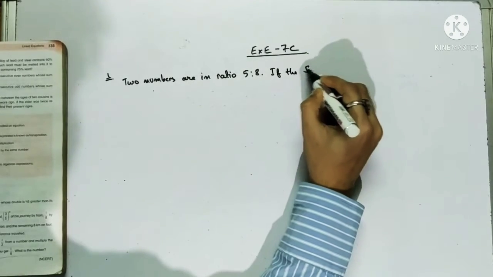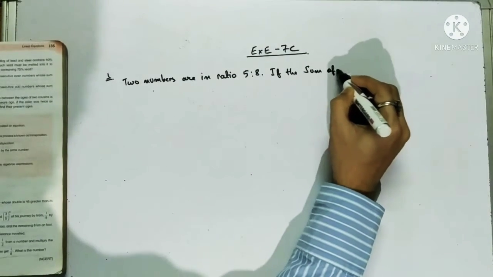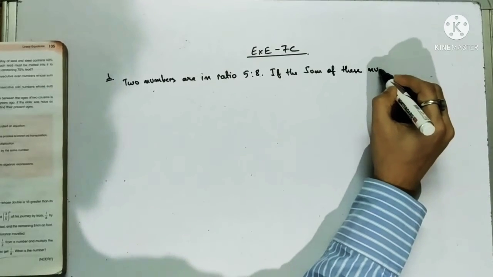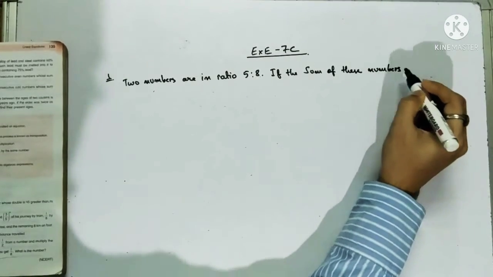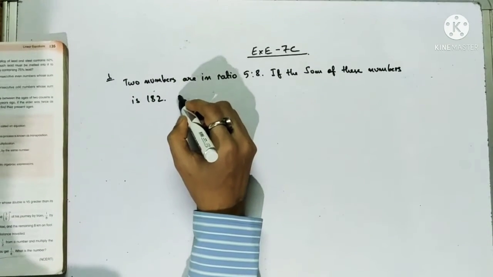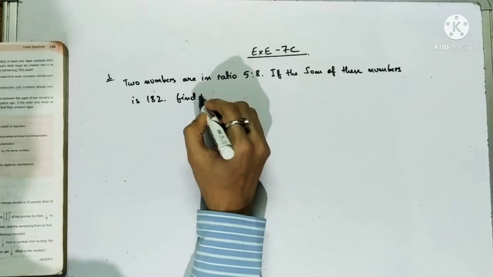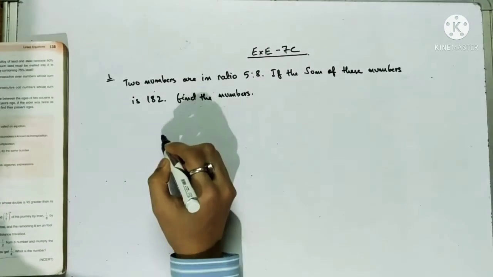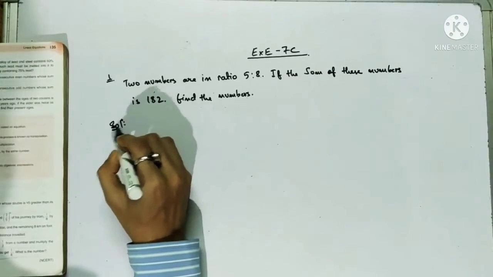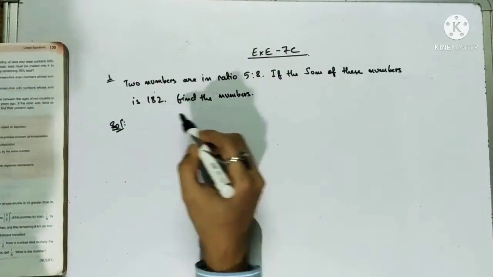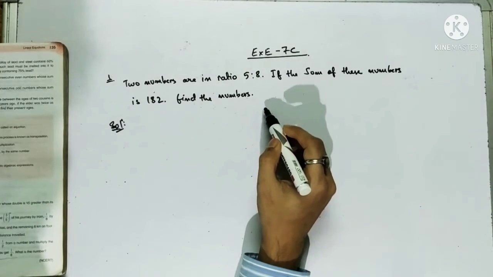If the sum of these numbers is 182, find the numbers. Two numbers are in ratio 5:8. If the sum of these numbers is 182, find the numbers.